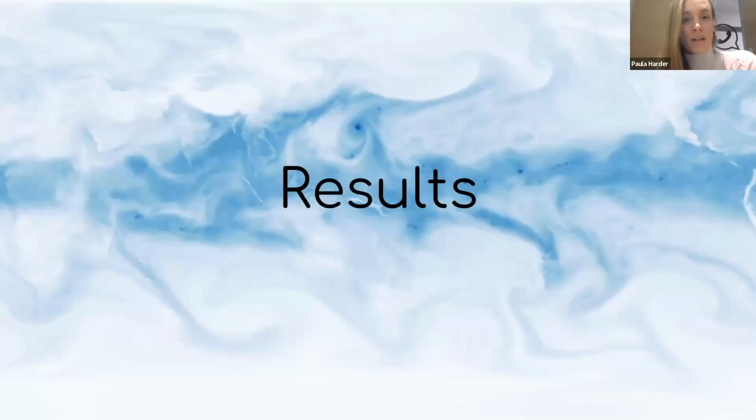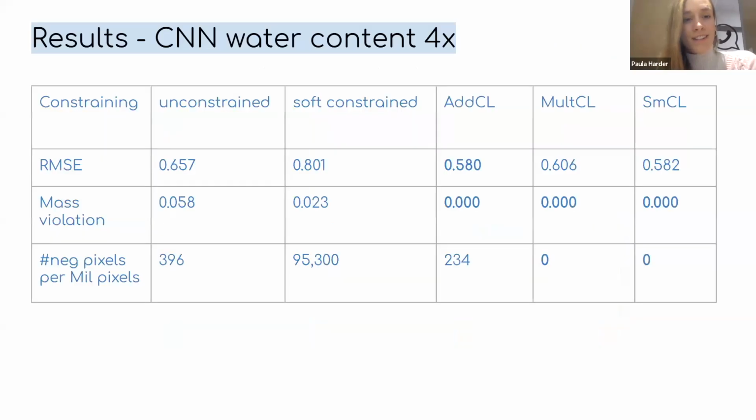There should be a loss curve, but I don't know, maybe it comes later. And then we looked at some metrics, for example the root mean squared error. We compared a CNN without constraints, with the soft constraints, and then with different constraining layers. And also we looked at how much the mass conservation is actually violated, and how many negative pixels we have.